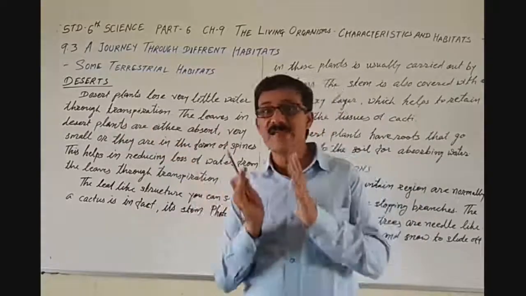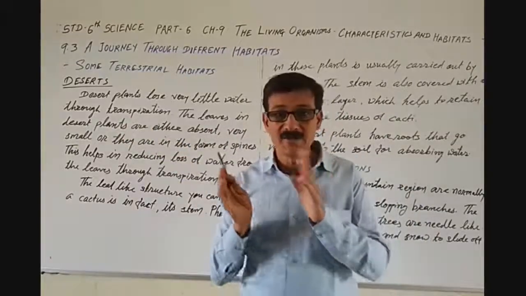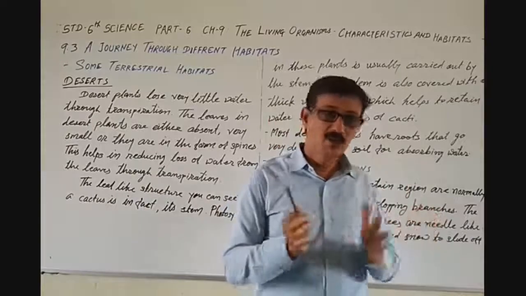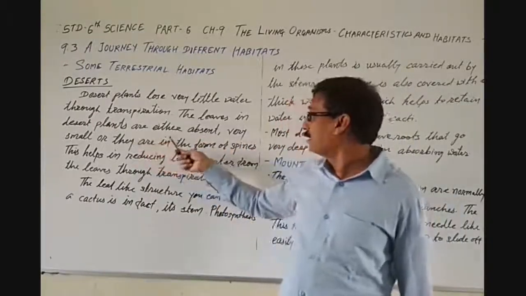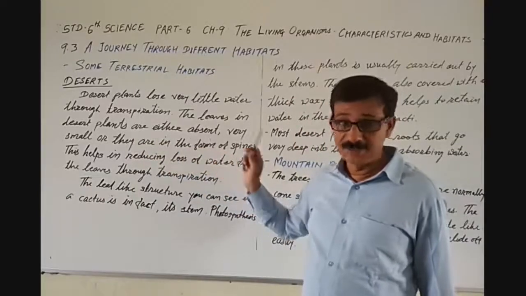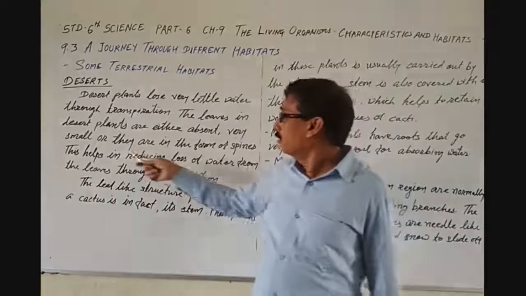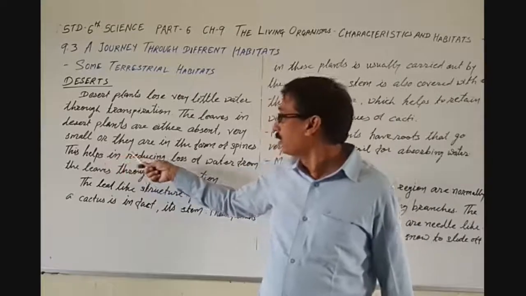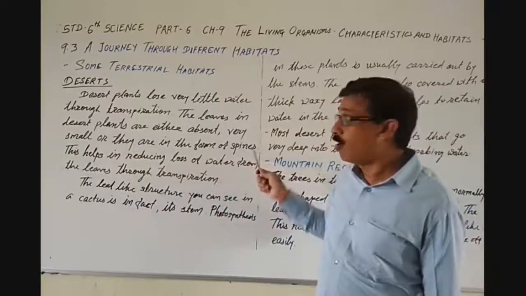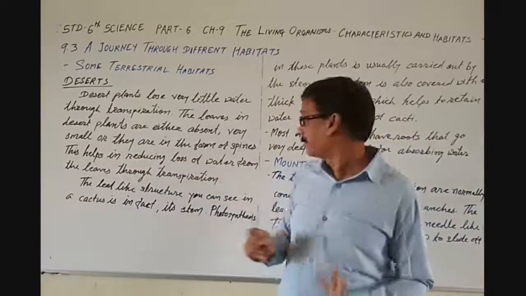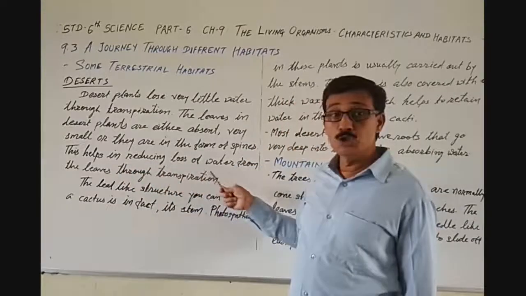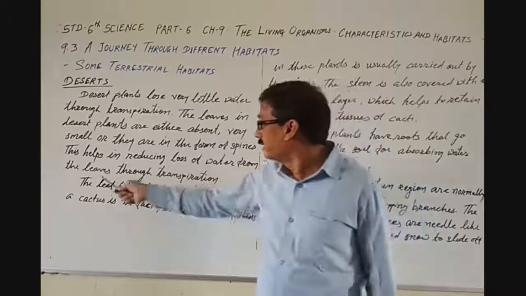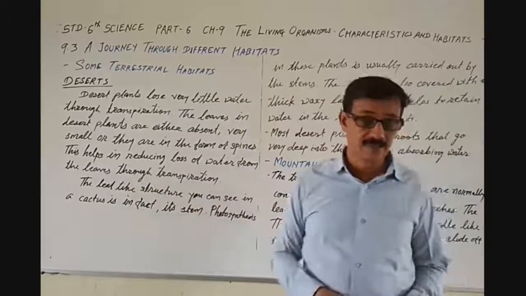See, this is the adaptation of the plants available in the desert. That is why we are discussing it. The leaves in desert plants are either absent or very small, or they are in the form of spines. Remember, this helps in reducing loss of water from the leaves through transpiration.